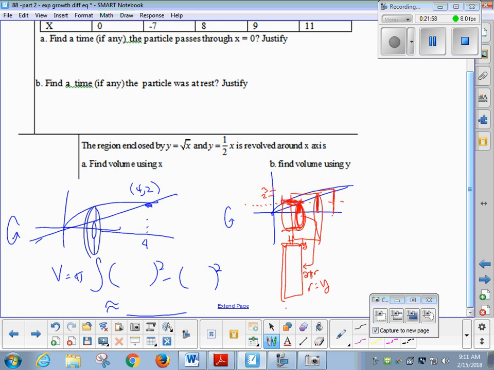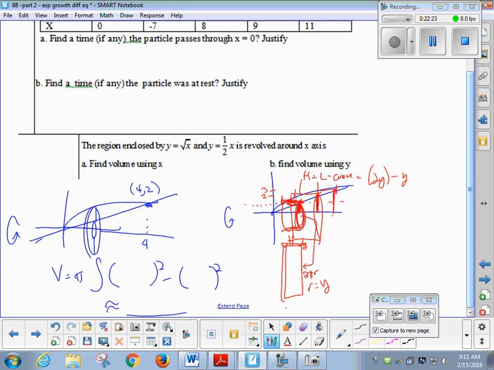This component here, the height, is a horizontal distance. It's the line minus the curve, and then we just decide in what terms, x or y. Y terms, all right? So we're looking at this height component being the line minus the curve in y terms, so maybe 2y minus y squared.